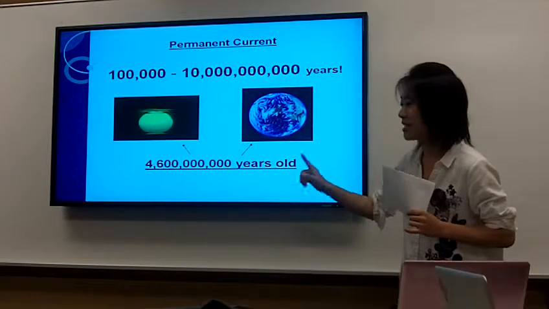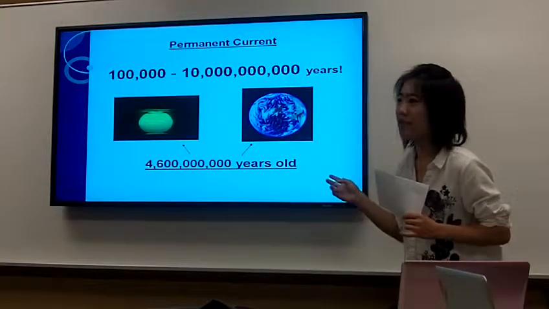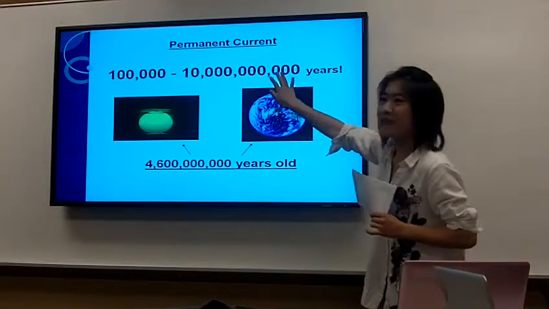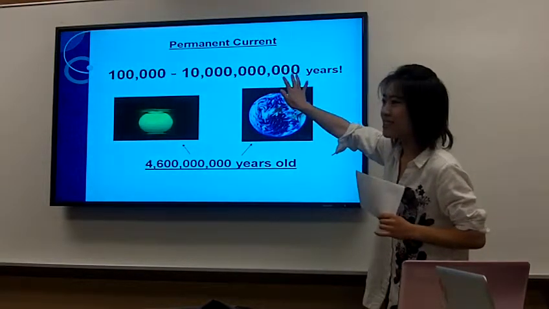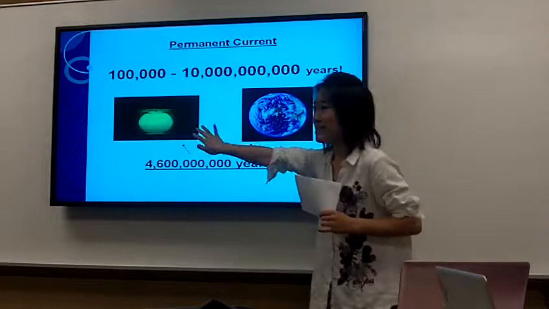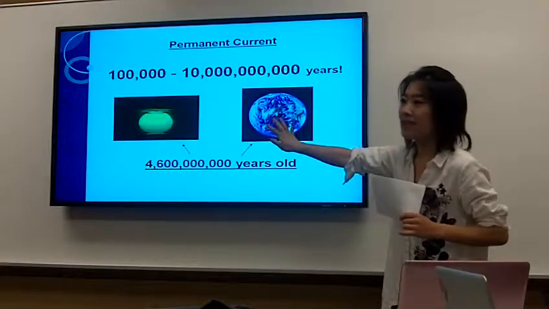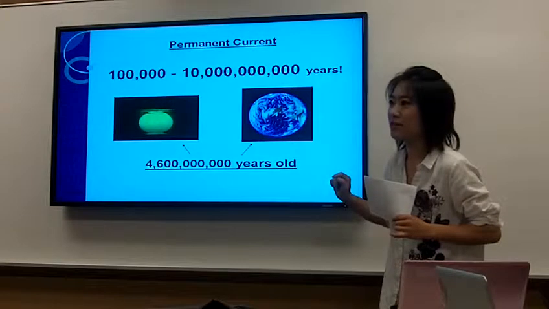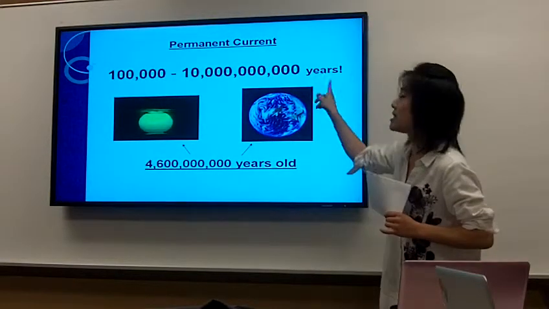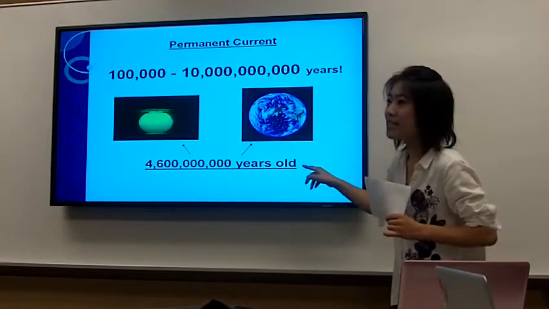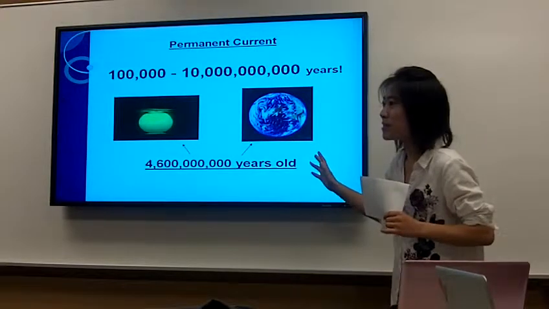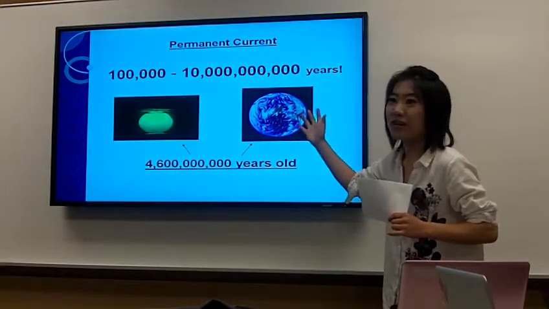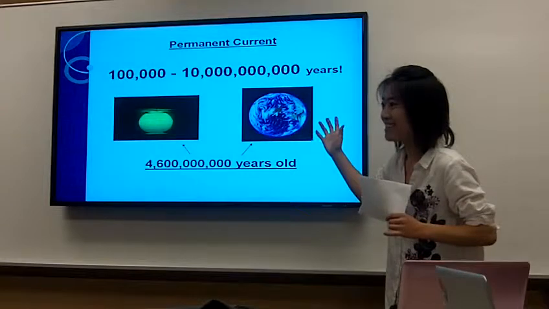It just goes and goes forever. Can you imagine what 10 billion years is? The sun and the earth until now are only 4.5 billion years old, so it is almost double. For human beings, it just means forever. Can you imagine that?